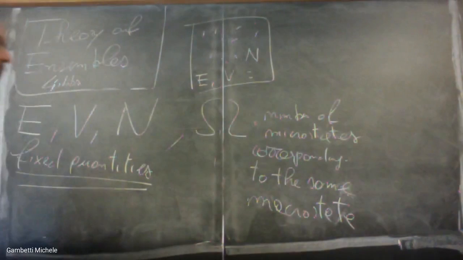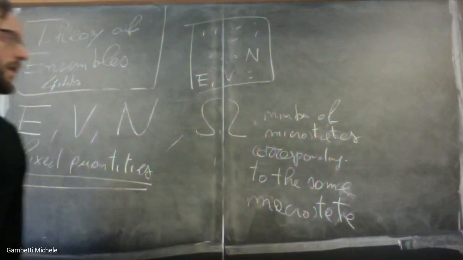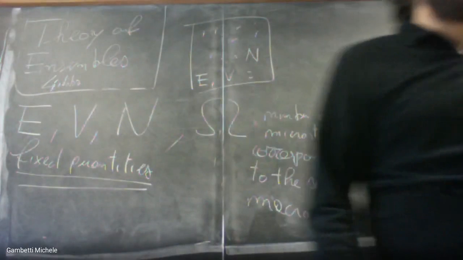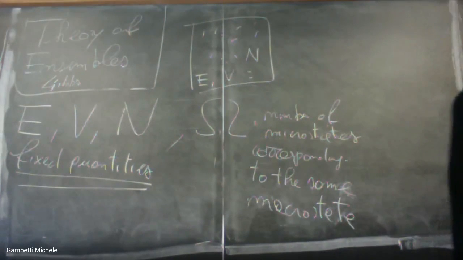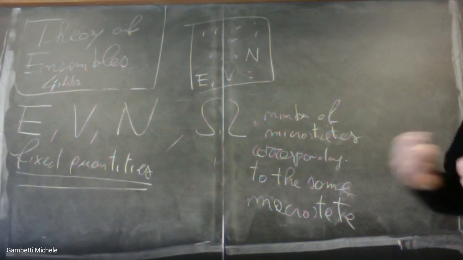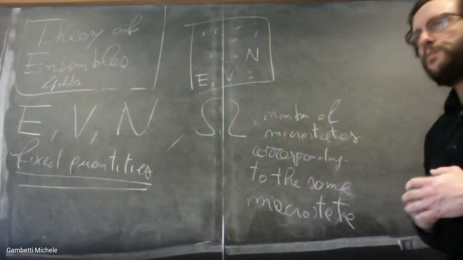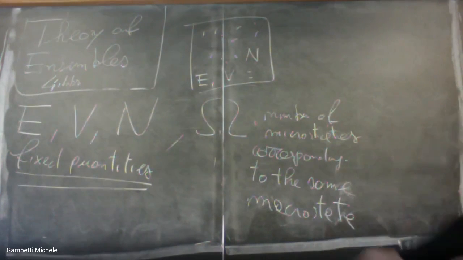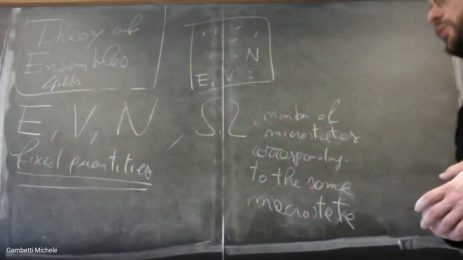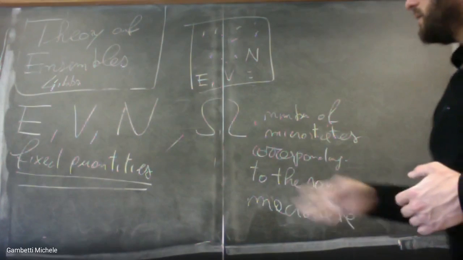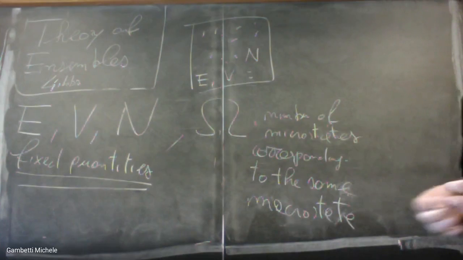Okay. Well, I will now define what is the microstate. That depends on the specific problem I'm dealing with. For the case of localized particles, if you remember, the microstate was basically the occupation number of the different energy levels. Once I fix the occupation number of these energy levels, I have my microstate. And we already noticed that, of course, when it's a matter of counting this omega, it could be a difficult task.